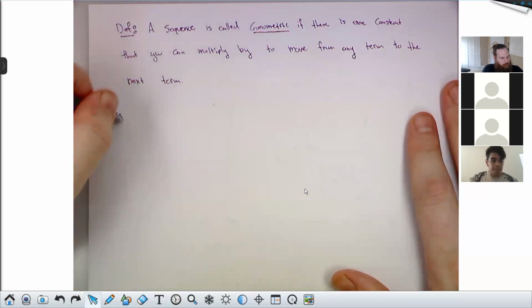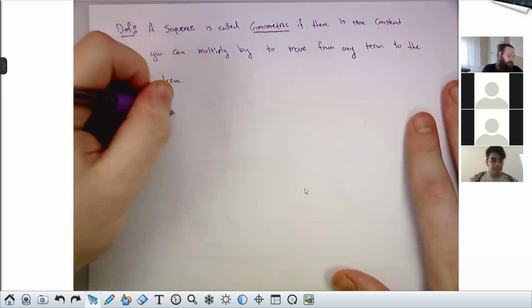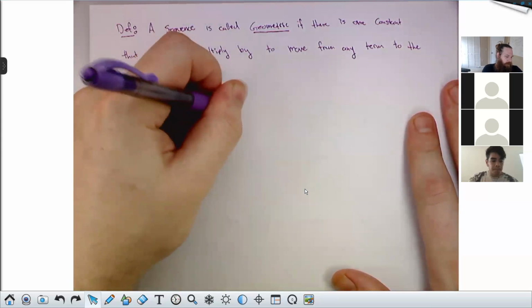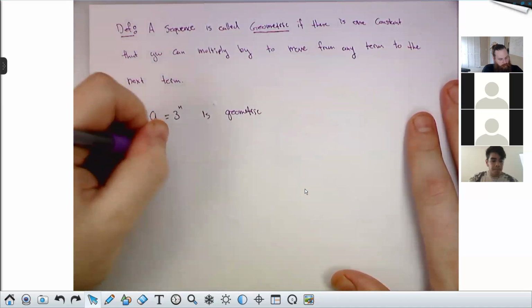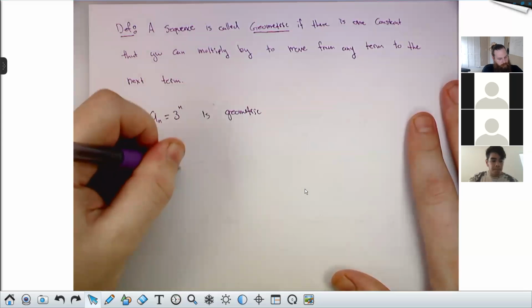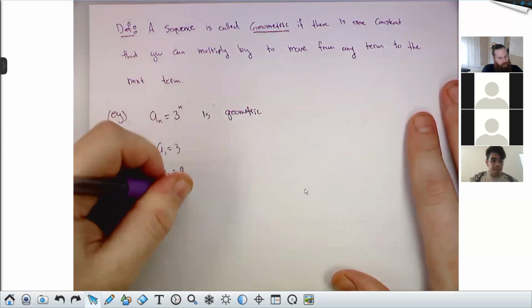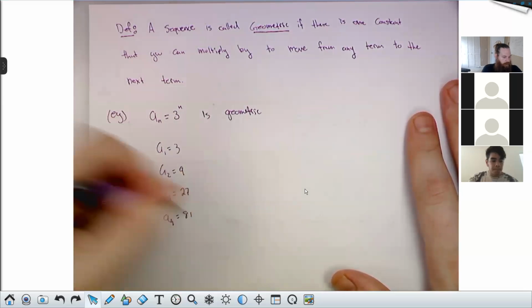For example, that 3 to the n sequence we saw a while ago, an equals 3 to the n, is geometric because a1 is 3, a2 is 3 squared is 9, a3 is 3 cubed is 27, a4 is 3 to the 4 is 81.